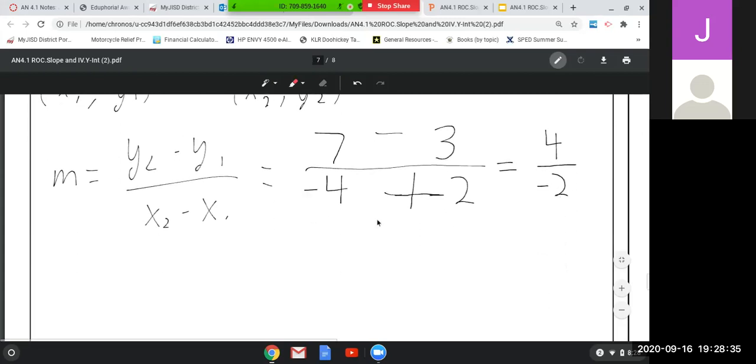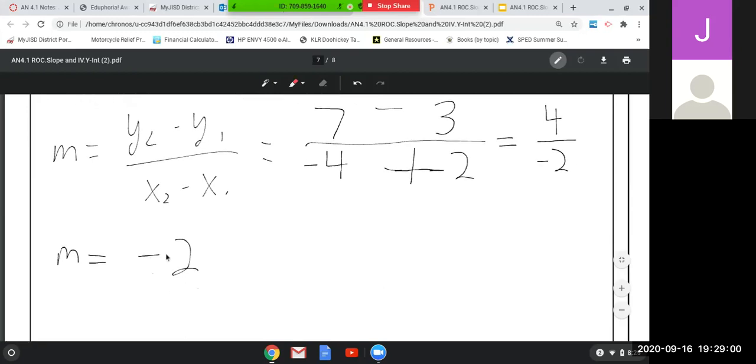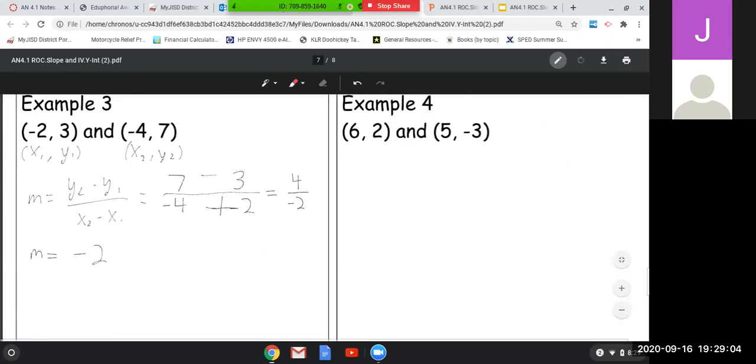If I divide 4 by negative 2, to just carry on, I end up with m equals, a positive divided by negative is negative, and 4 divided by 2 is just 2. So in this case, my slope ends up being a nice integer number, just negative 2. Now it's still rise over run, so I can think of this as negative 2 over 1. But I've calculated the slope.